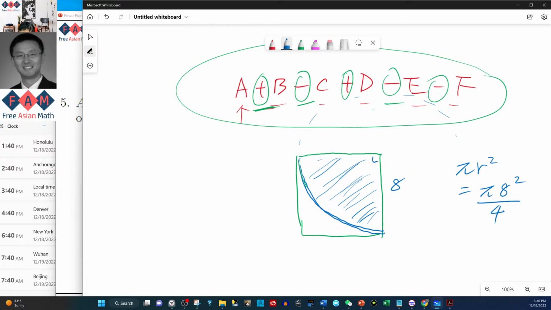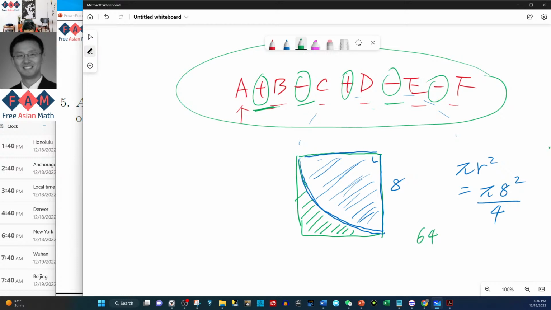So we know this. Once we know the area of this quarter circle, then we can get the area of the rest of the square. That is simply the total area subtracting the quarter circle area, which is a sector. So we know the total area of the square is 64.